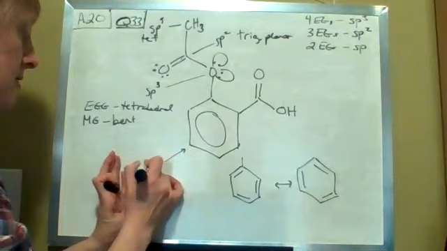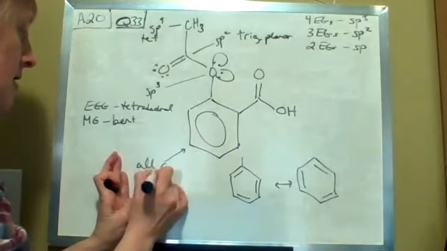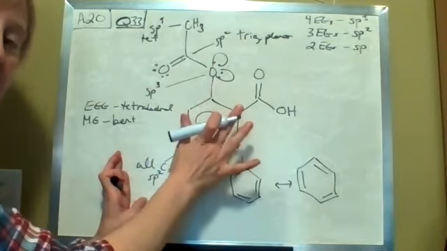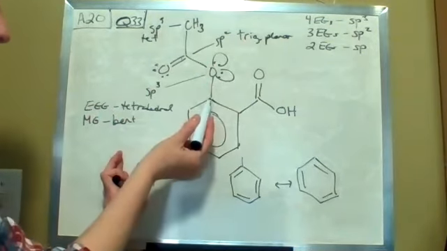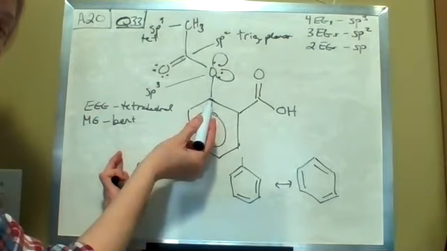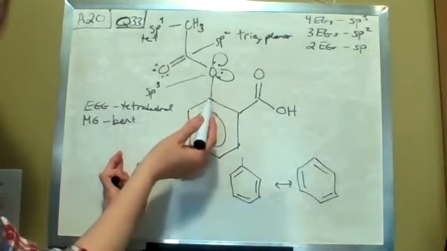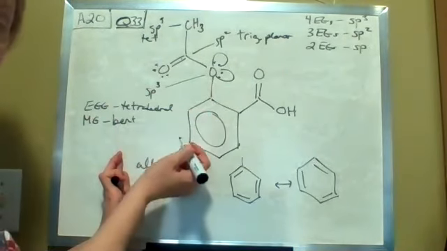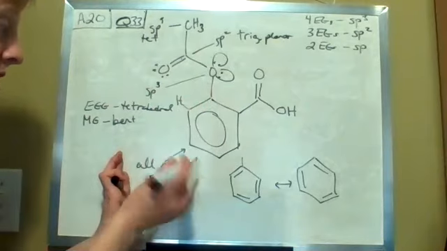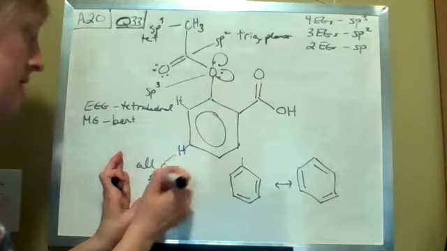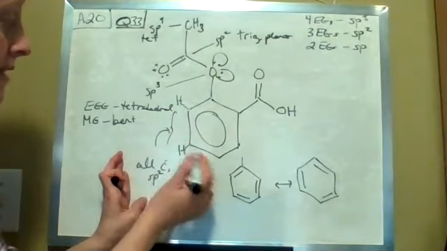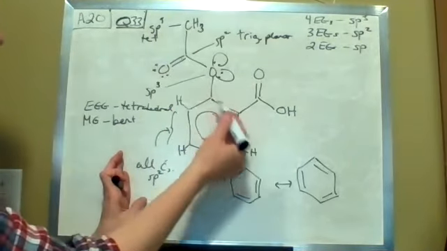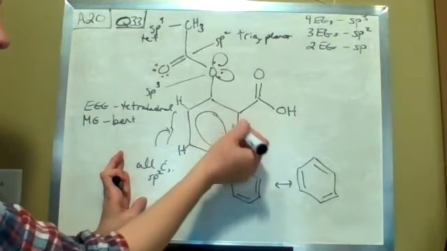All carbons here are sp2, trigonal planar, which means the entire benzene is a nice flat, planar molecule. This one has no other hydrogens on it because it already has a double bond, single, single. This one, however, has a double bond and a single bond, and it's missing a hydrogen, so there is a hydrogen atom. In fact, there's a hydrogen atom on each of these carbons that has nothing else on them. This one here is in the same boat as that one, so you have a double bond either here or here, single and single.